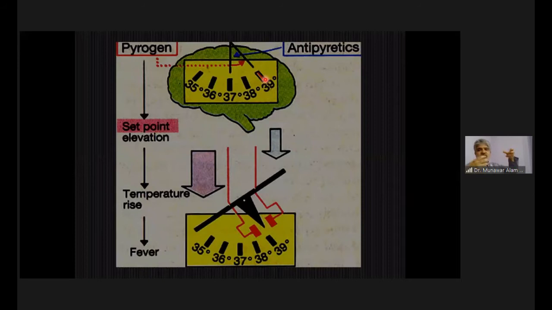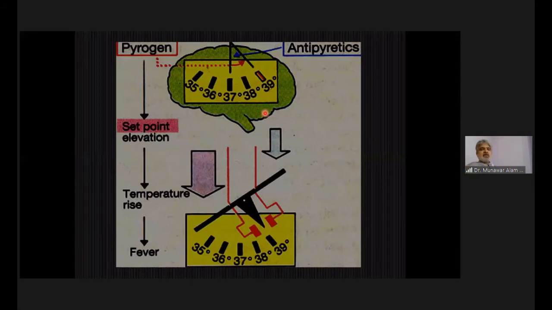So when the body stores the heat, the body temperature goes up, and then it causes the fever, raised body temperature. This is again due to the increased availability of prostaglandins. Yesterday we talked about it.